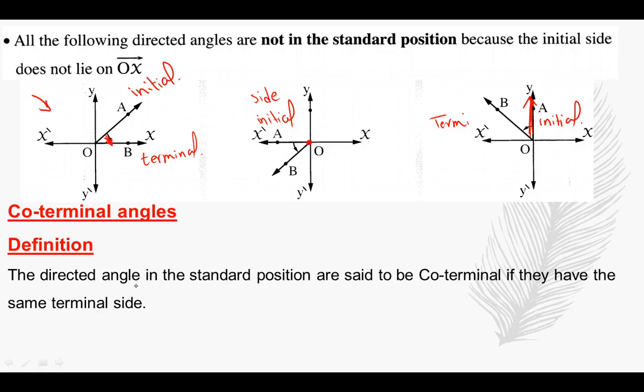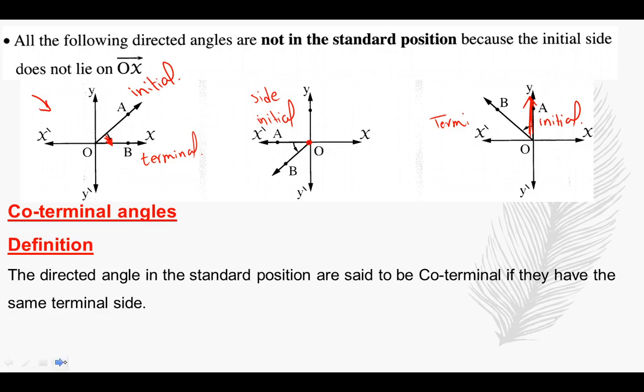They must be directed angles in the standard position. These angles are said to be coterminal if they have the same terminal side. So the coterminal angles are directed angles in the standard position and they have the same terminal side.